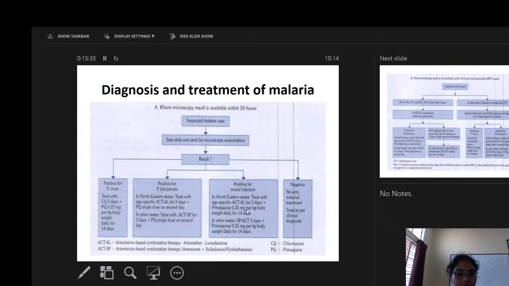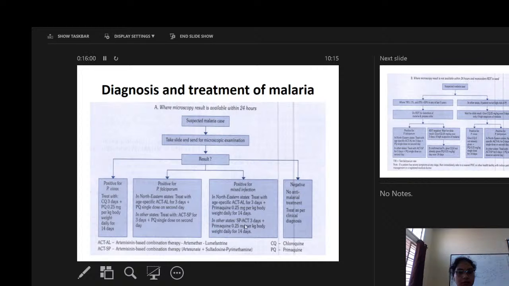Can you tell me the difference in this? You will have to treat in northern or northeastern states with ACT-AL for 3 days and Primaquine 0.25 mg per kg body weight for 14 days. In other states you will have to treat with ACT-SP for 3 days and Primaquine 0.5 mg for 14 days.